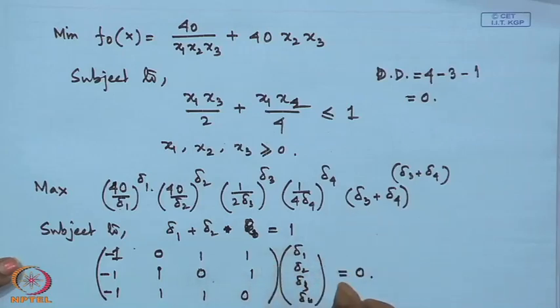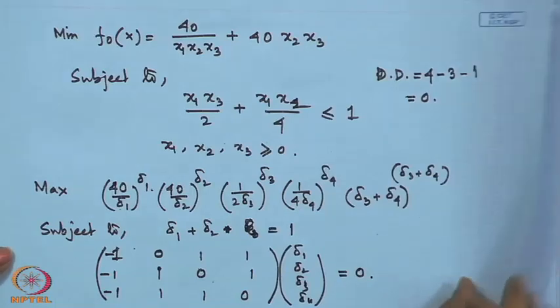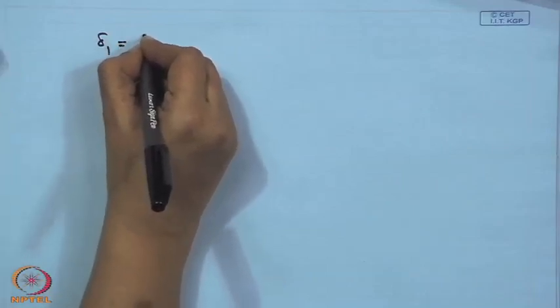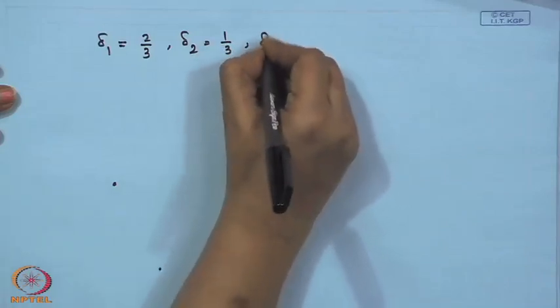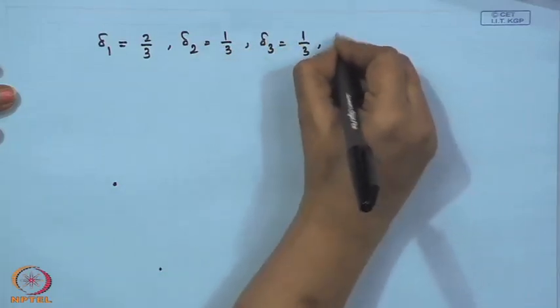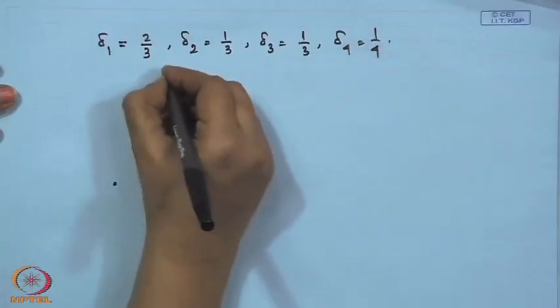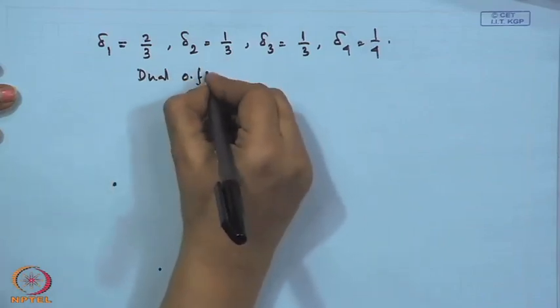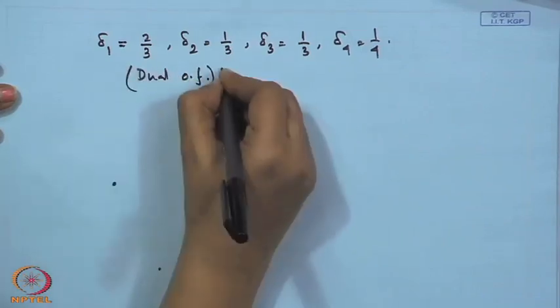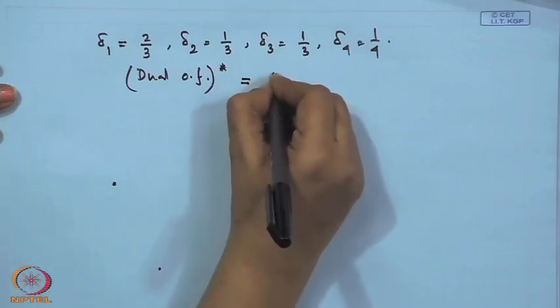Now, we need to solve this problem. This can be solved and we will get the unique solution. If we just solve it, we get the values delta 1 equal to 2 by 3, delta 2 equal to 1 by 3, delta 3 equal to 1 by 3 and delta 4 equal to 1 by 4, and the corresponding dual objective function value at the optimal point, d star, is equal to 60.